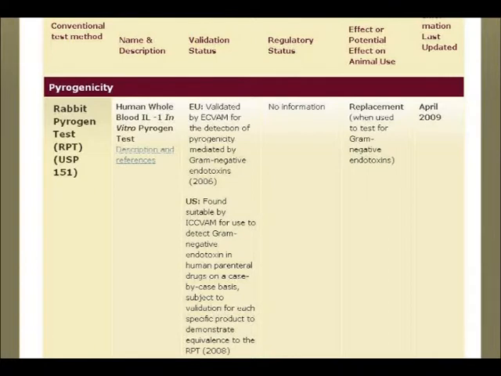So the conditions in the US for this test to be used are much harder than they are in the EU, where it's been pretty much seen as a direct replacement to the rabbit pyrogen test for endotoxins.